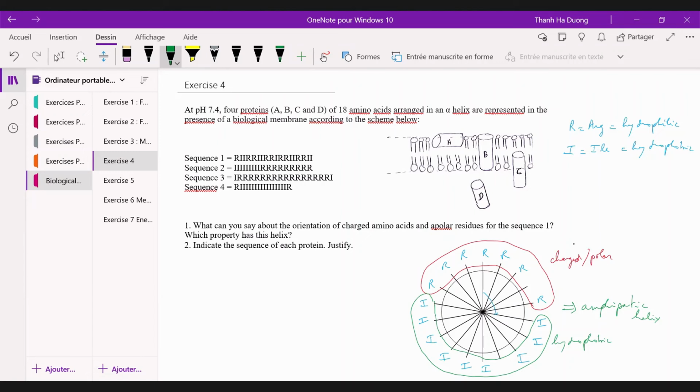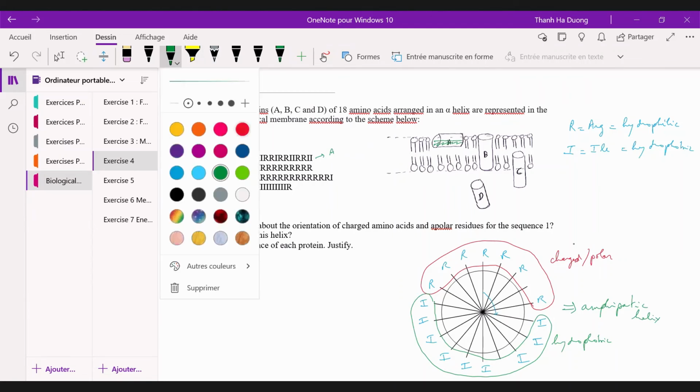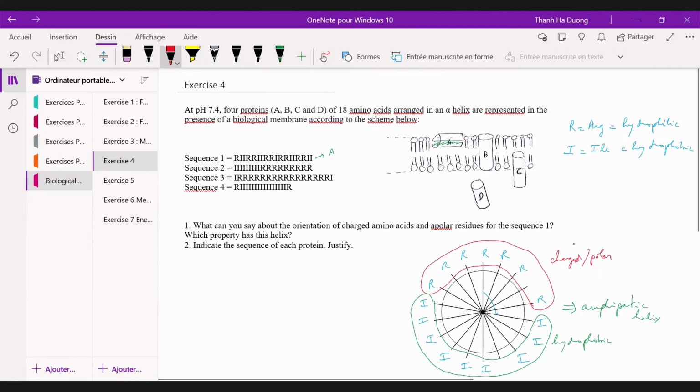Protein A, yes, because here you have the side which is ionic and the side which is polar will be outside the membrane.